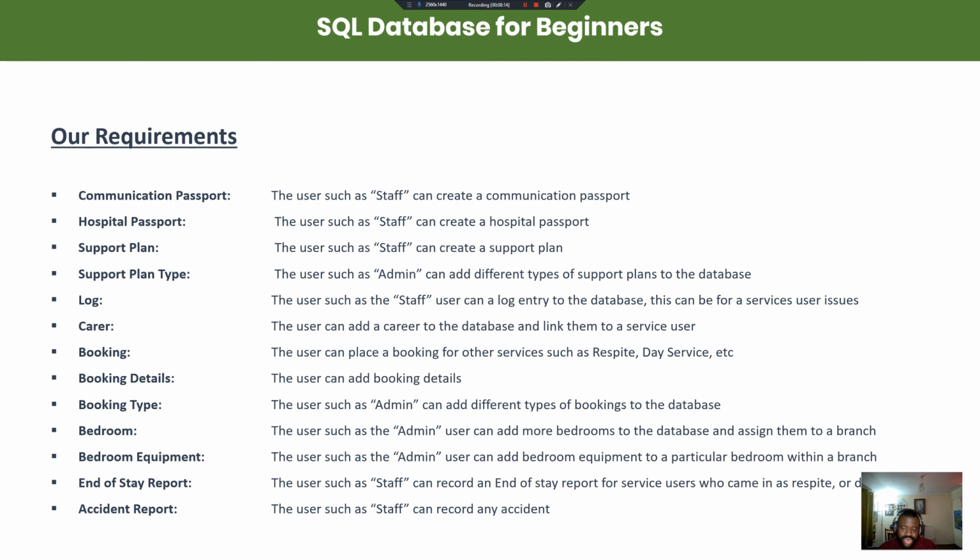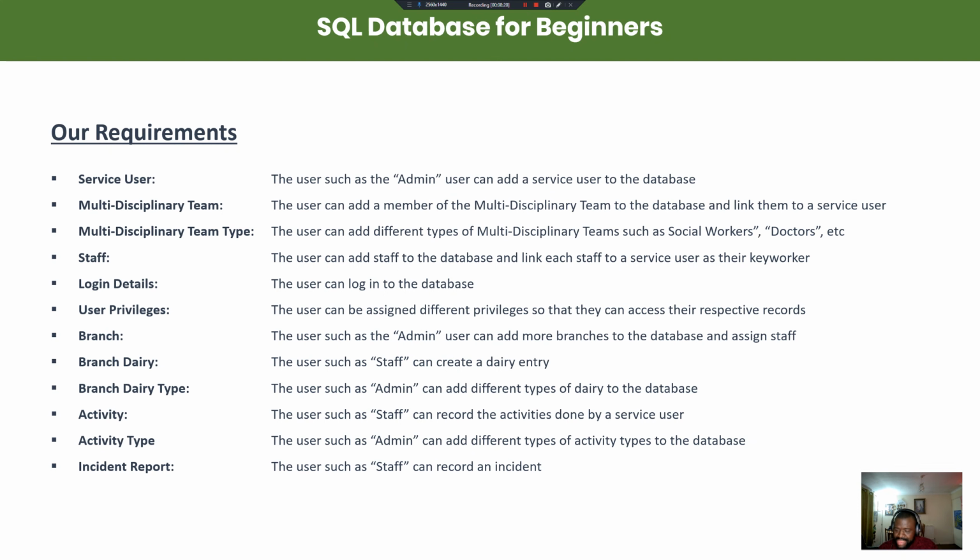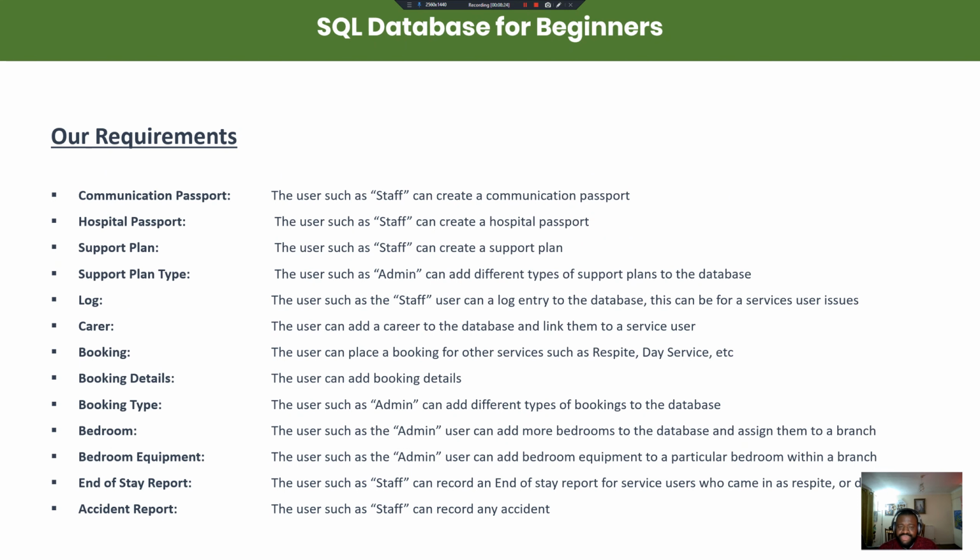Another requirement will be the communication passport. It's more or less like the incident report. Many of the things you're going to see within this database are essentially things you're going to be recording that you ought to have a paper form for.